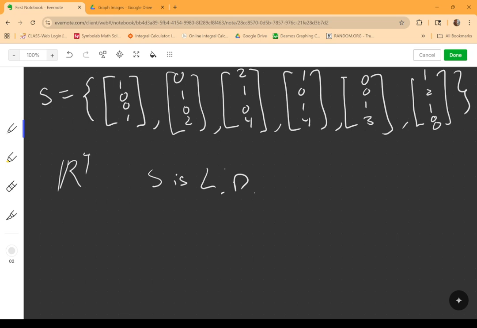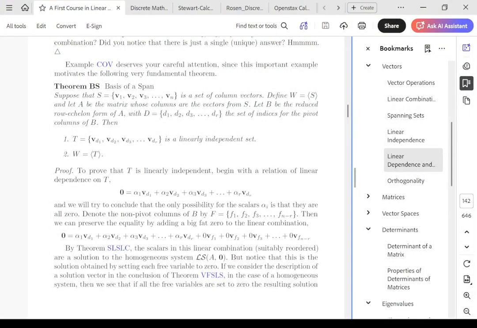So that's where this theorem comes into place. So I'm going to switch over to our book that's going to describe a process on how to eliminate vectors that are linearly dependent. So this is Theorem BS, or basis of a span.